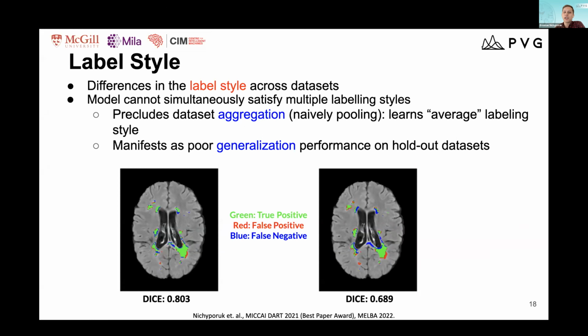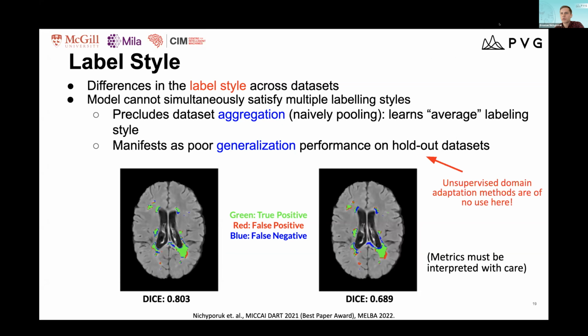It will often manifest as poor generalization performance on a holdout trial. And of course, in this context, unsupervised domain adaptation methods are of no use, because what we're talking about here is not a distribution shift in the input, but actually a distribution shift in the label.